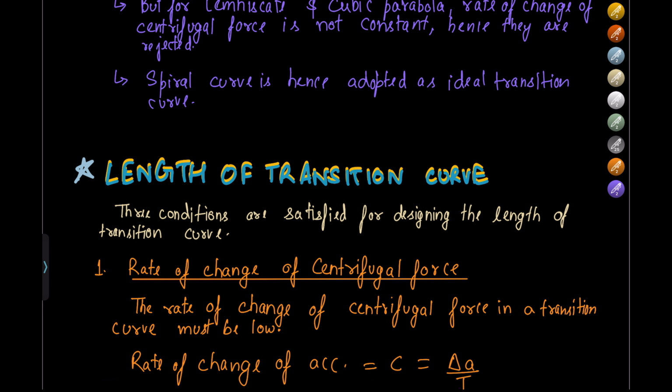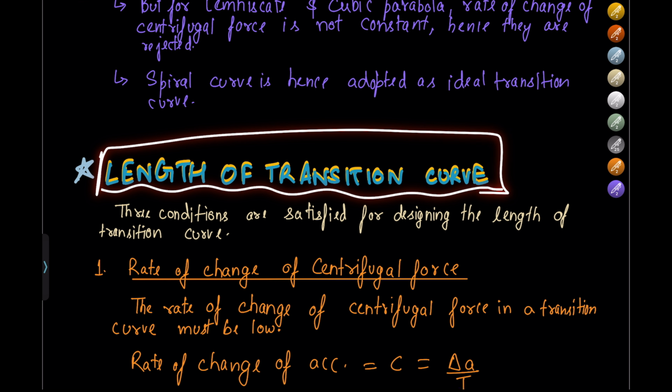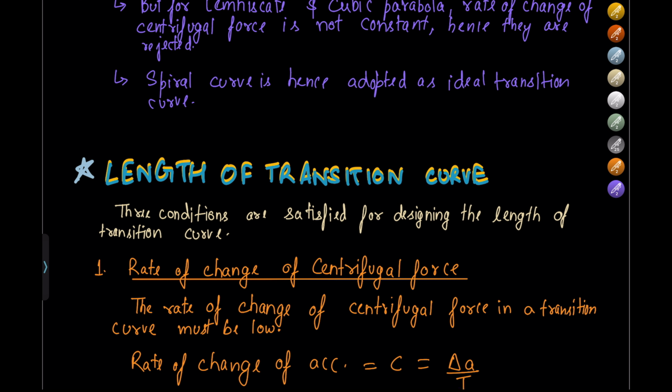Next is length of transition curve. How is length of transition curve decided? Length of transition curve is based on three types of conditions. One is the rate of change of centrifugal acceleration or centrifugal force. Next is the rate of rotation of pavement, if it is done on the inner edge or on the center line of the road.